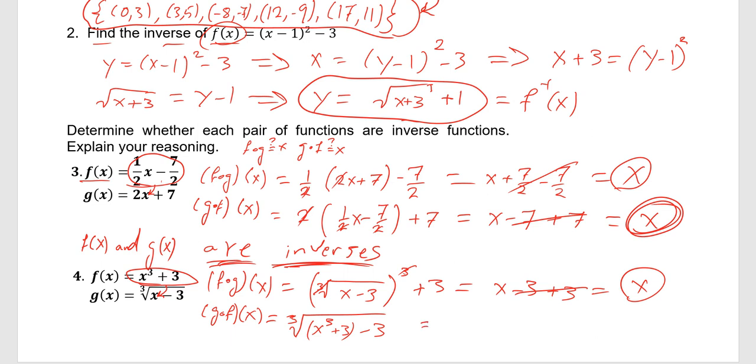Okay, so that gives us, so plus 3 minus 3 inside the parentheses, or under the cubic root, essentially cancel out, right? Plus 3 minus 3, so this is 0. So x cubed plus 0, which is just x cubed. So we have the cubic root of x cubed, which is just x, right? So in this case also, both functions are inverses.